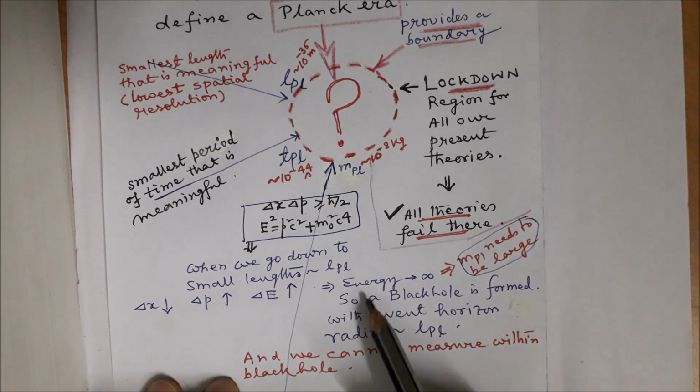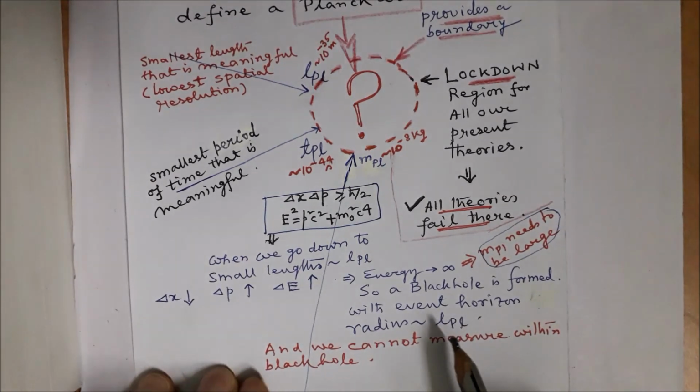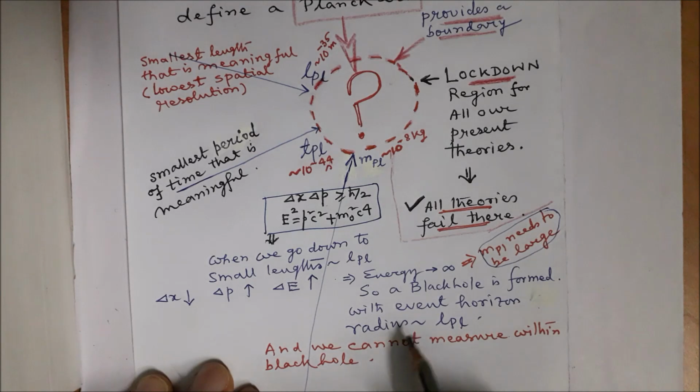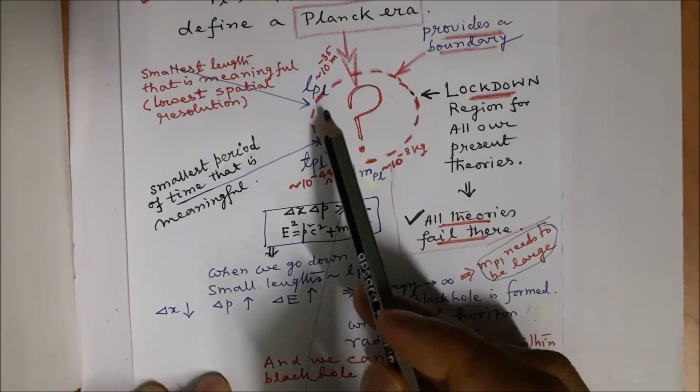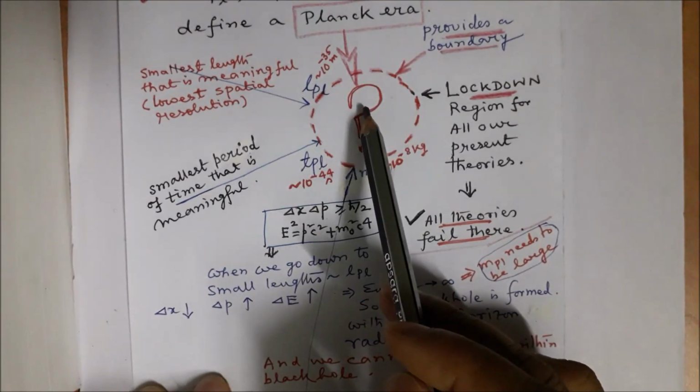Again, energy is infinity. This reminds us of a black hole. Black hole contains infinite amount of energy with event horizon as the radius, Planck length. And again, we cannot measure within a black hole. So it follows that we cannot enter into the Planck era.